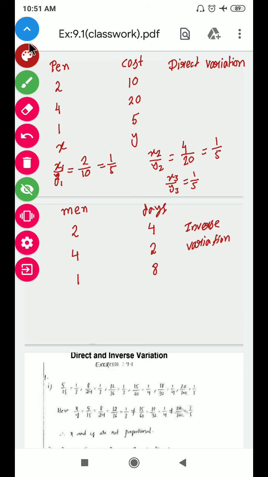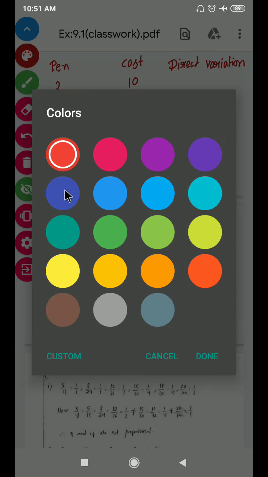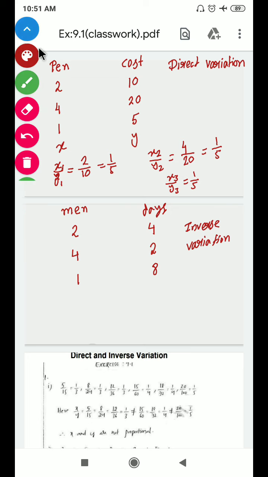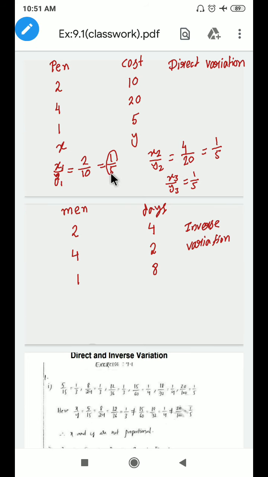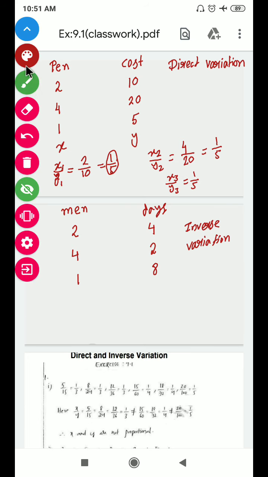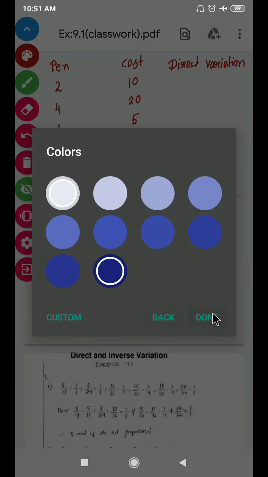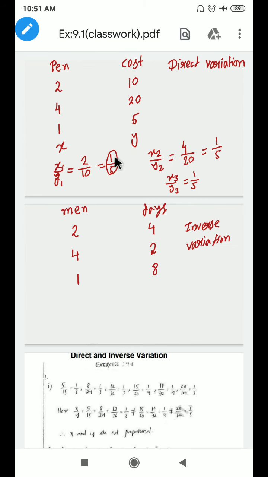Now look here, all of these values are 1 by 5. Clear? So whenever the ratios are equal, that time it will be direct variation.